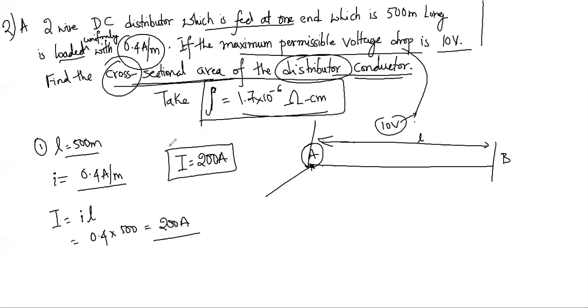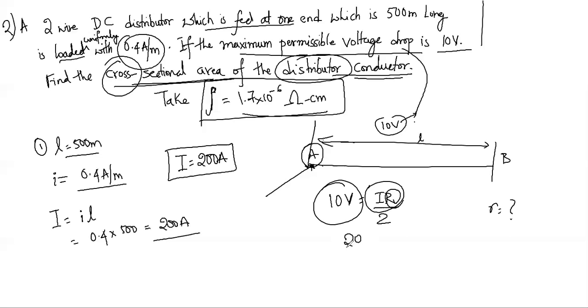Next, you need to calculate the maximum voltage drop, which is already given, that is 10 volt. You find it as capital I into R divided by 2. So this is 10 volt, I is given as 200 amperes, and you need to find out what is R. After finding R, you can find small r also.